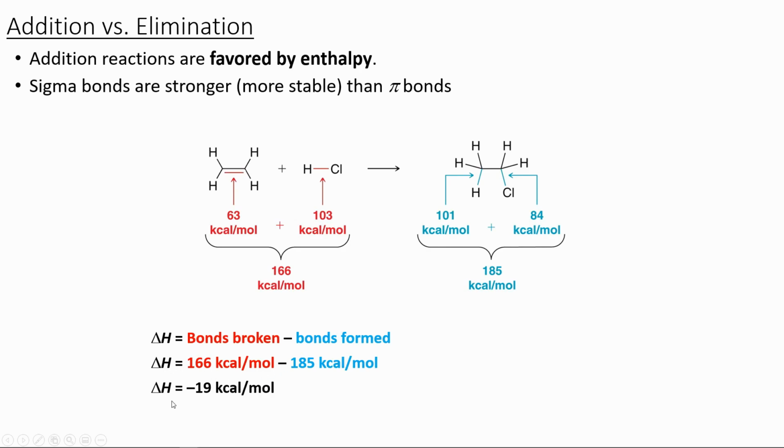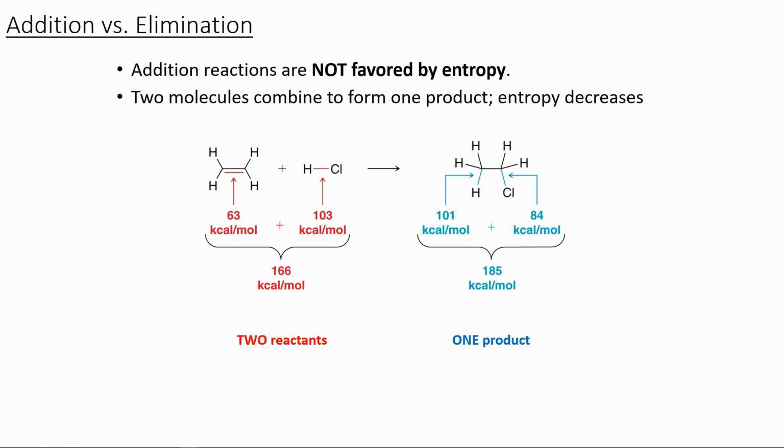We're going to have a net release in energy and a more stable molecule by an addition reaction occurring. When we look at the entropy term, we're going from two molecules to one molecule. So we're going to have a decrease in entropy, and this will not be favored entropically.